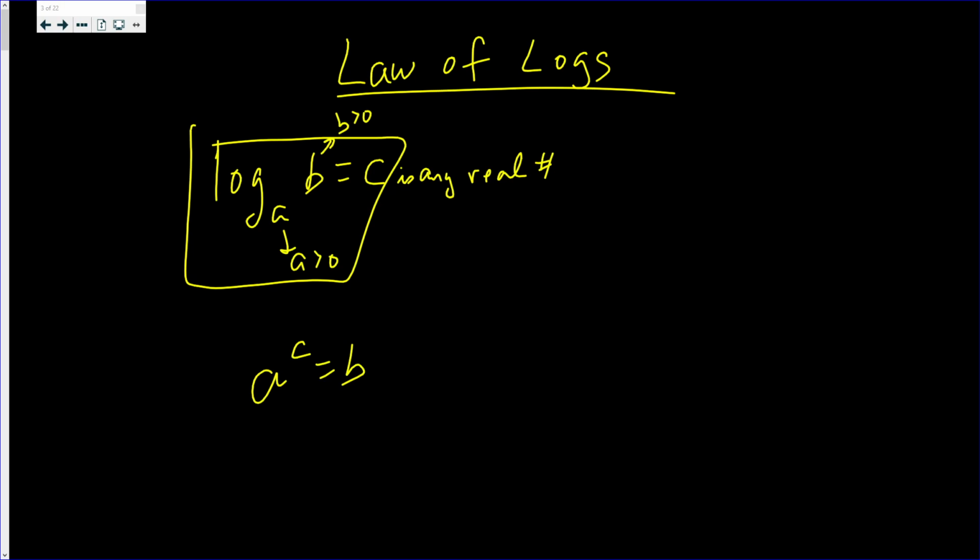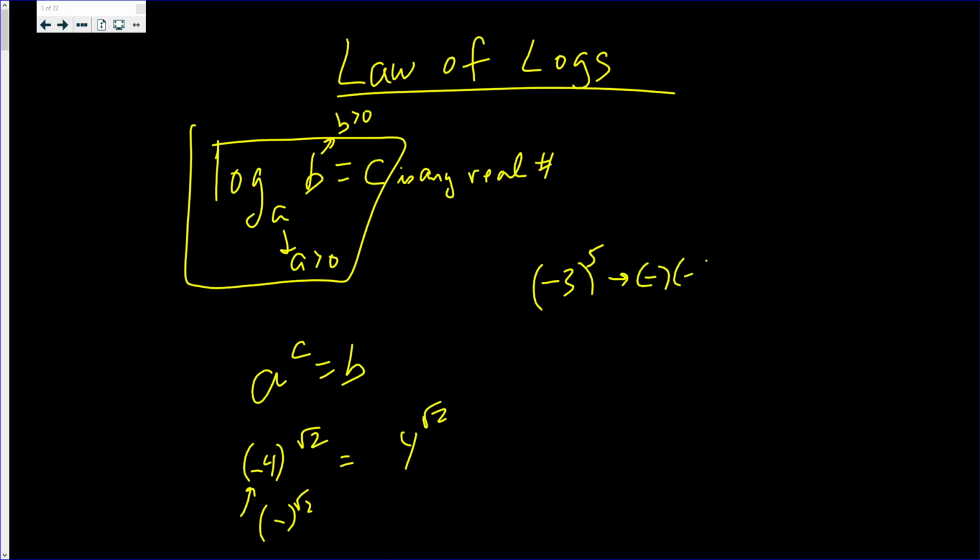Now, suppose C is the square root of 2 and A is -4. Okay, I understand what 4 to the square root of 2 is. I can even calculate that on my calculator. The problem is, what is a negative to the square root of 2? Now, I know if you have -3 to the 5th, in terms of the sign, it's a negative times a negative 5 times, which is a negative.